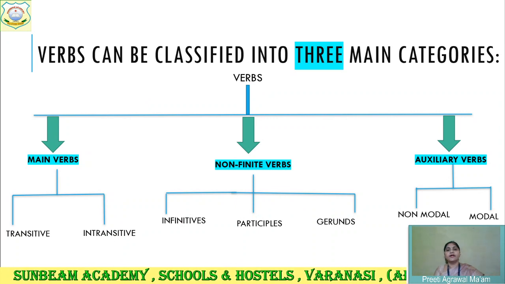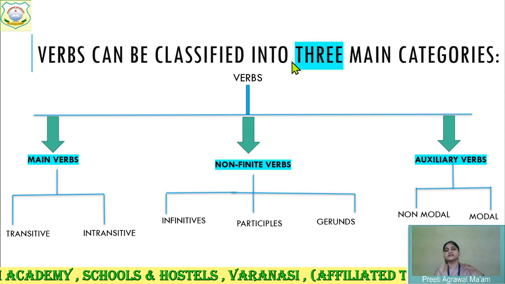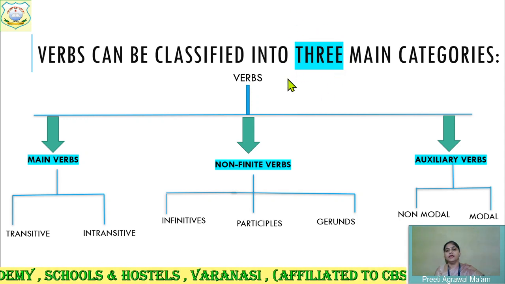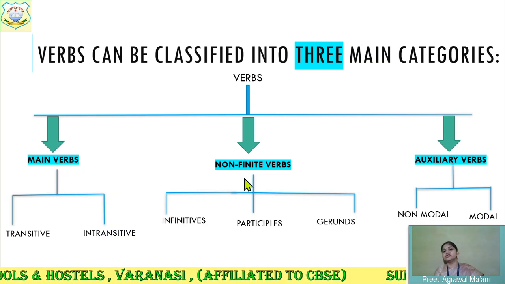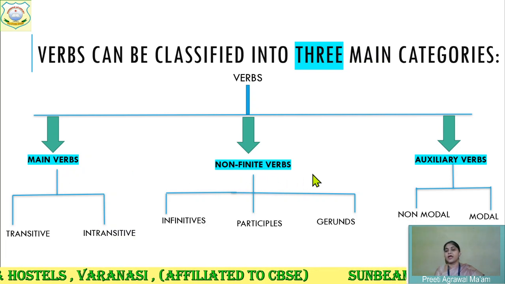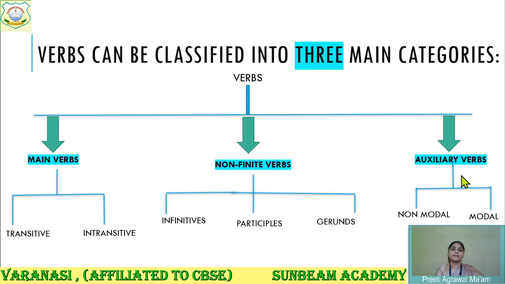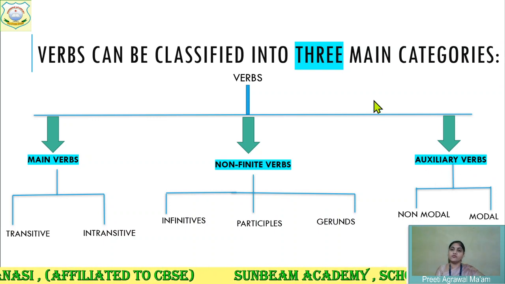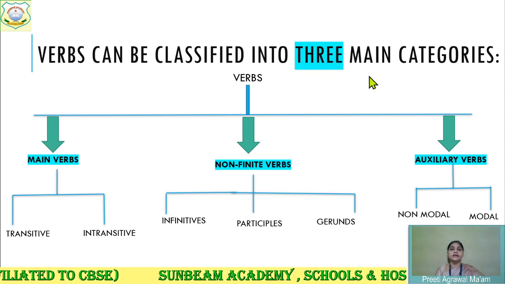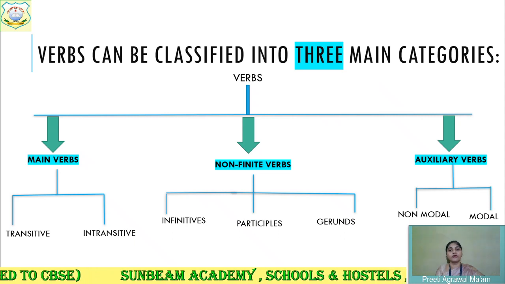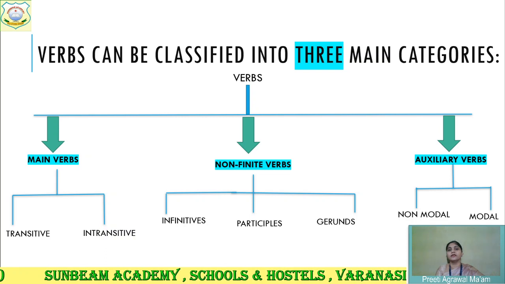Verbs can be classified into three main categories. The first one is main verbs, the second one is non-finite verbs, and the third one is auxiliary verbs. I have given you the main categories. There may be more, such as linking verbs, which I have not mentioned here.